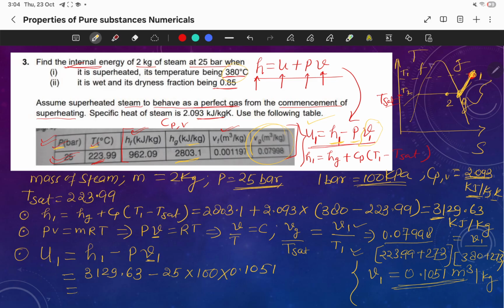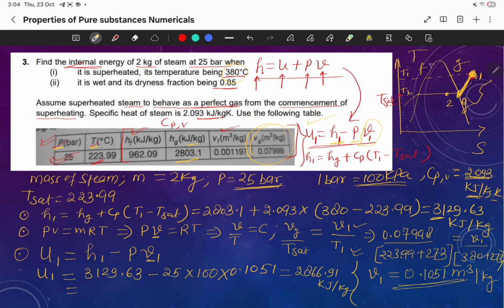So from here we will get this small u as 2866.91 kilojoule per kg. This is the value of internal energy at point 1.